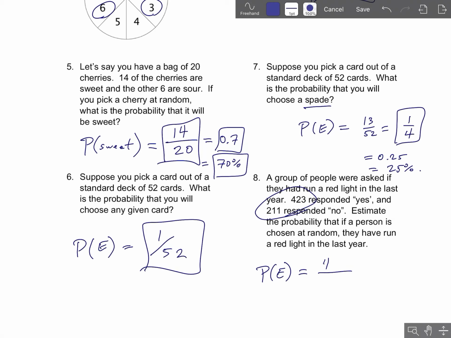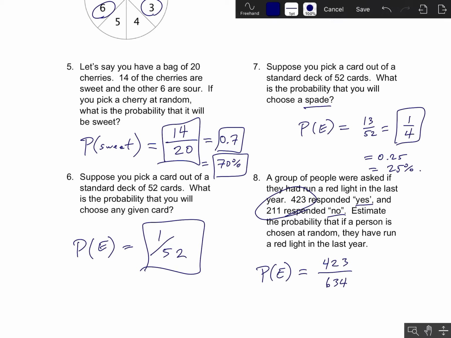So we know that 423 people responded yes, so that will be the number of outcomes that we would be interested in. But notice that our denominator here is not going to be something like 211. What we're interested in is the total number of possible outcomes. And for that, we would need to sum the yes and no responses. So if I add those together, then what I would get is 634.